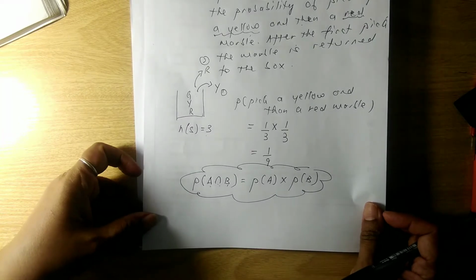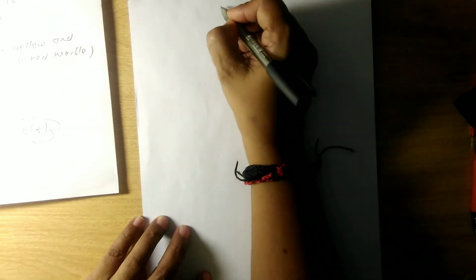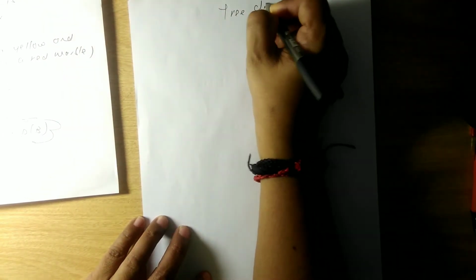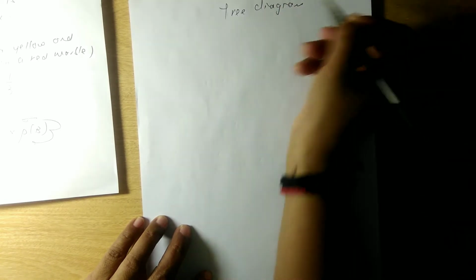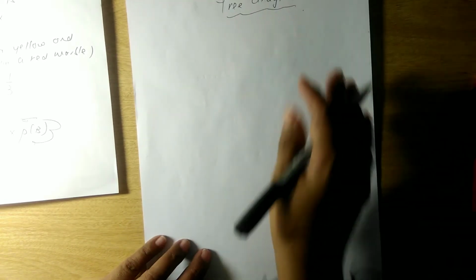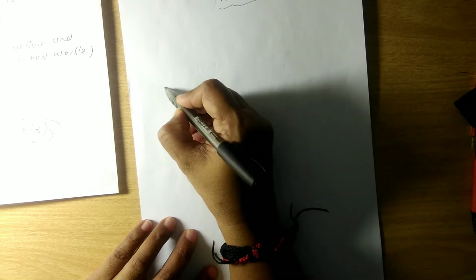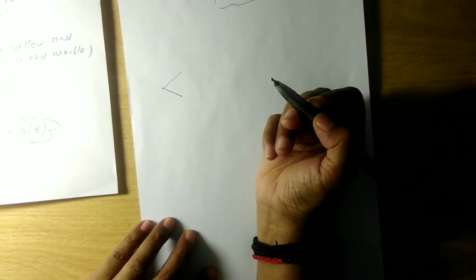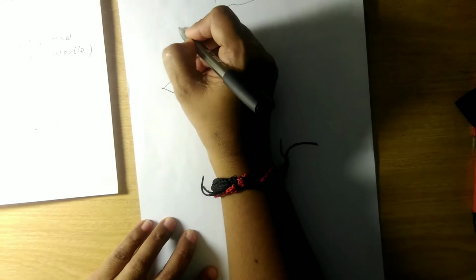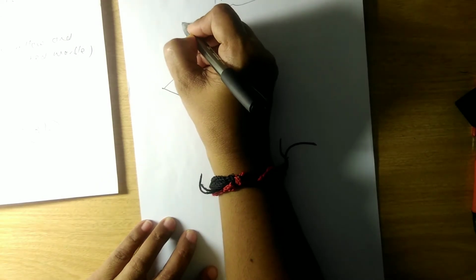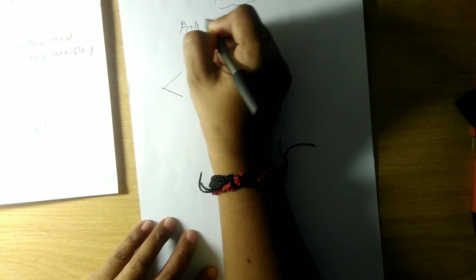Another way of illustrating this is with a tree diagram, which actually looks like a tree. Basically it's just a simple diagram with very simple lines to represent the branches. This is my first pick, so I put it as 1.